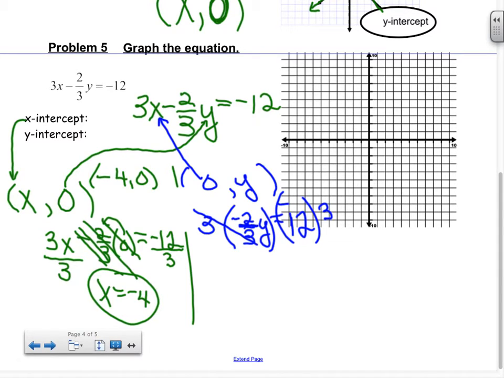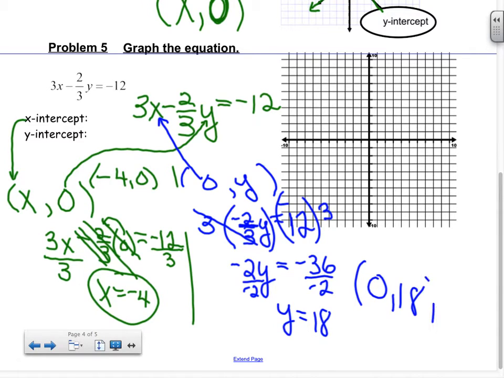That gives -2y equals -36. Divide by -2 and y equals 18. So the y-intercept is (0, 18).